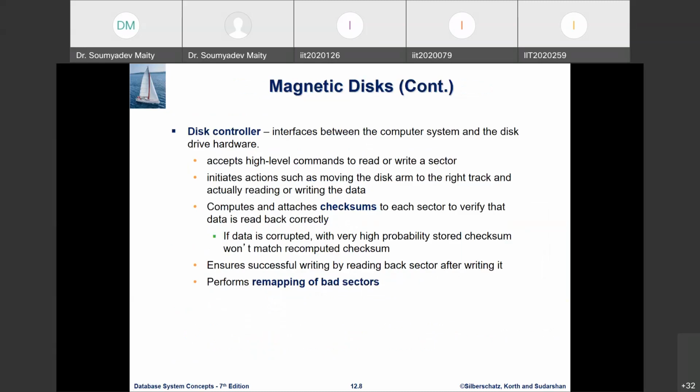Disk controller, I think you have already been introduced to it in the operating system course. It is a device controller. That means it has a processing unit like the CPU, its own RAM memory, primary memory, and it can execute some commands, your machine level instructions. Those commands are received from the main CPU, from the operating system device driver program that controls the device controller.